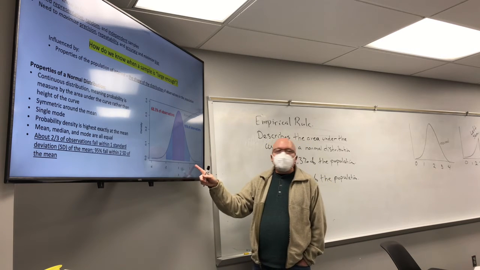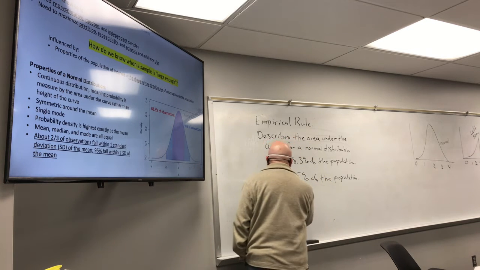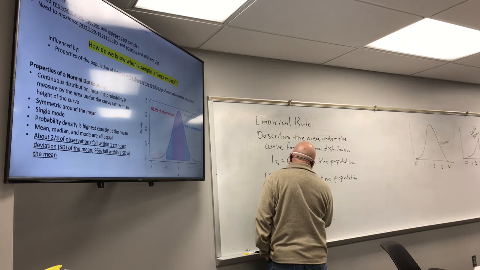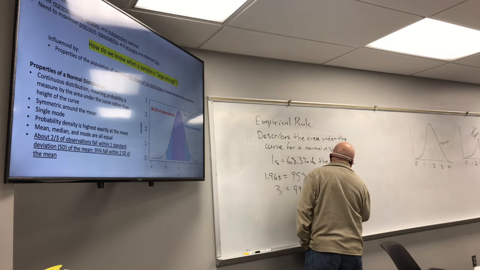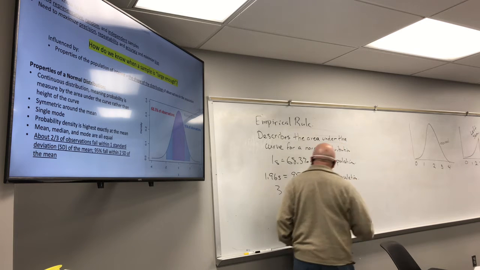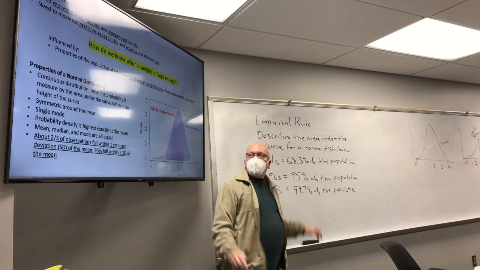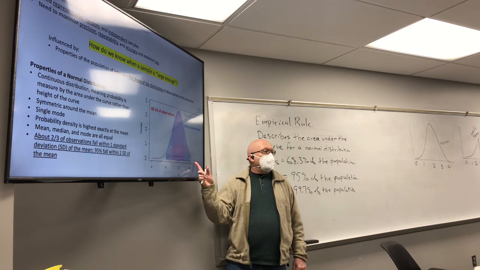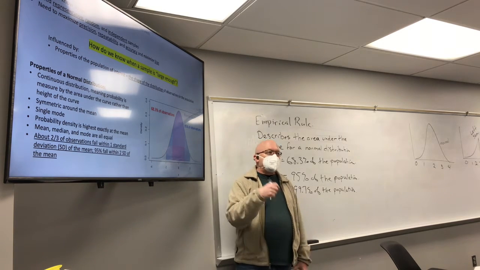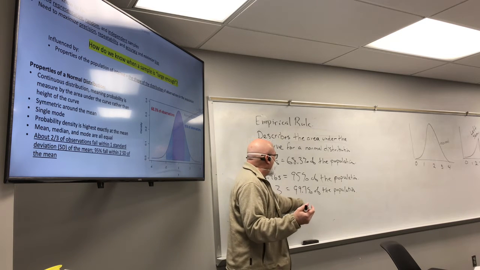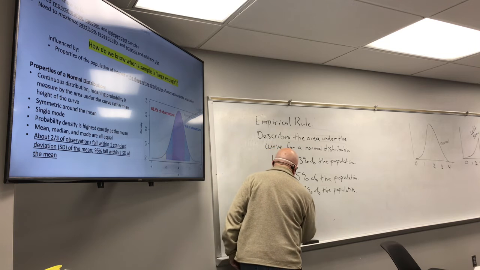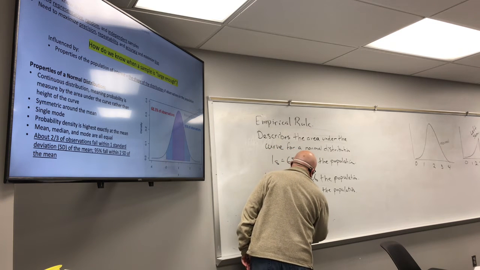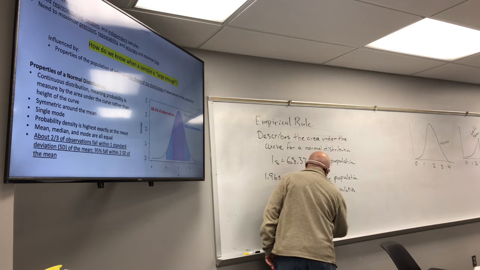If you go out to 3 standard deviations, you pick up a little more, but you have to go out another whole standard deviation on either side to pick up that extra 4.7%. And if you go out to 4 standard deviations, it's essentially 99% of the population.